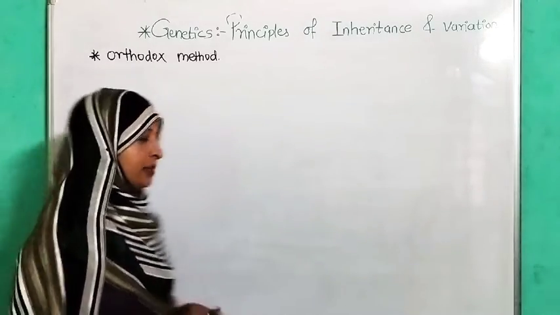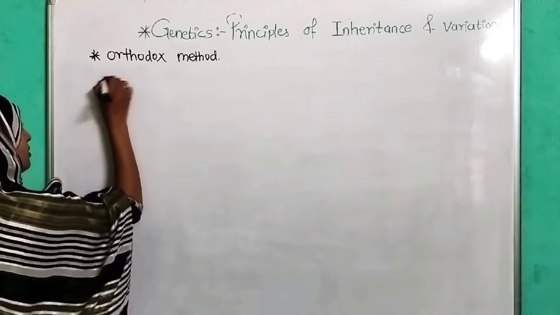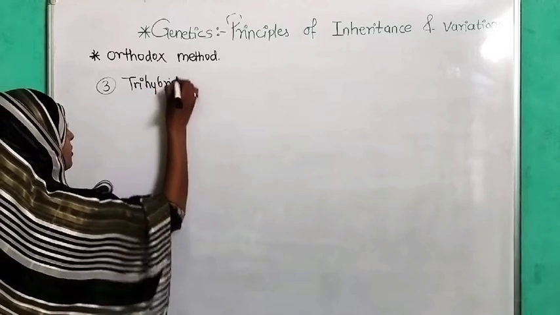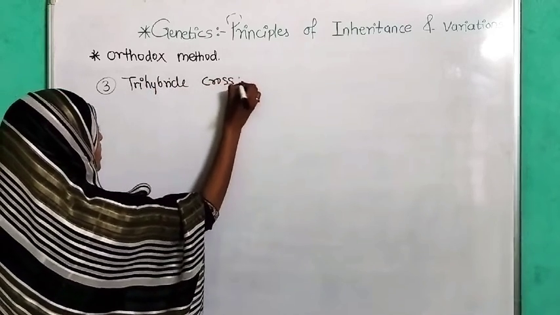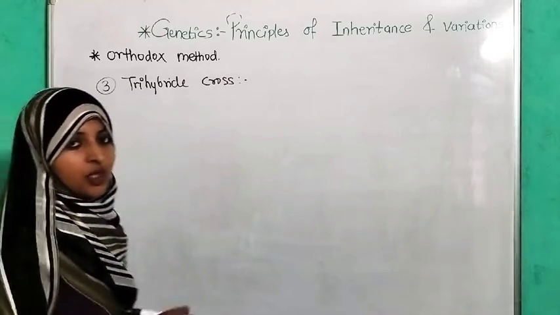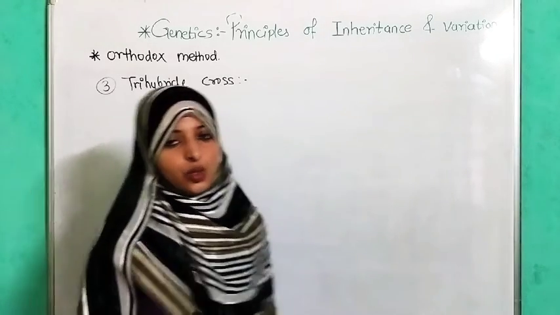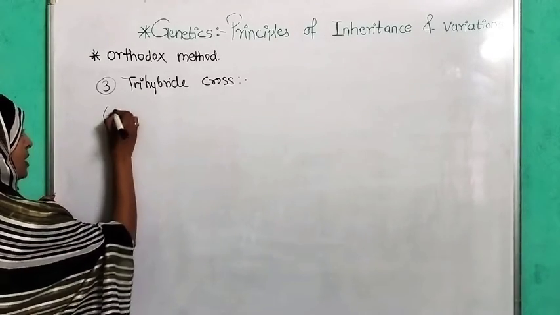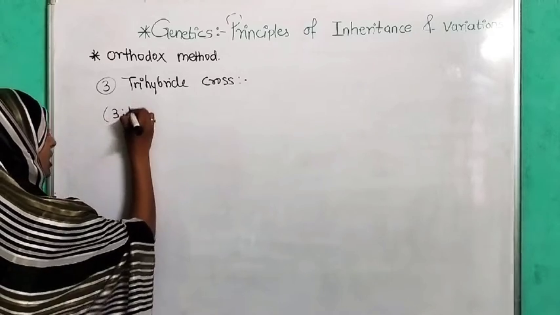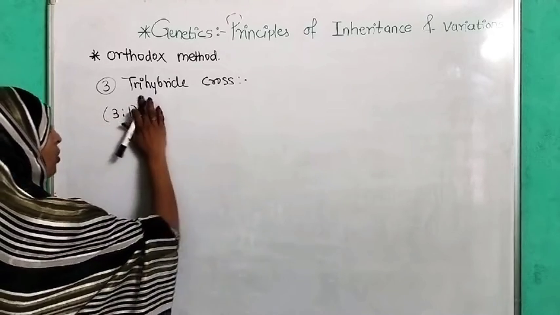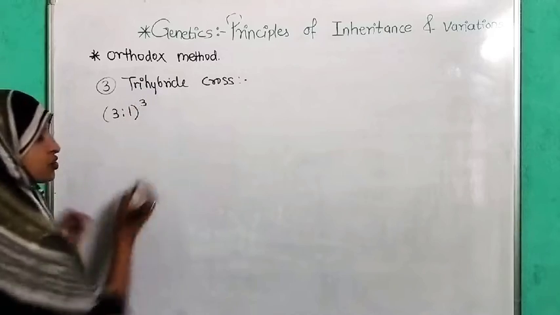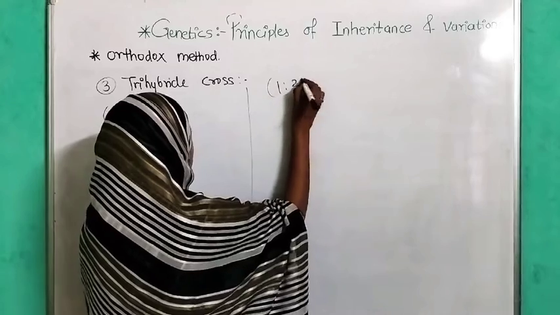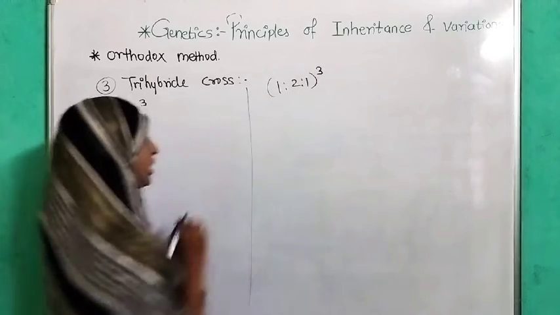For the trihybrid cross phenotypic ratio, the monohybrid cross ratio is 3:1, and for the genotypic ratio it is 1:2:1.